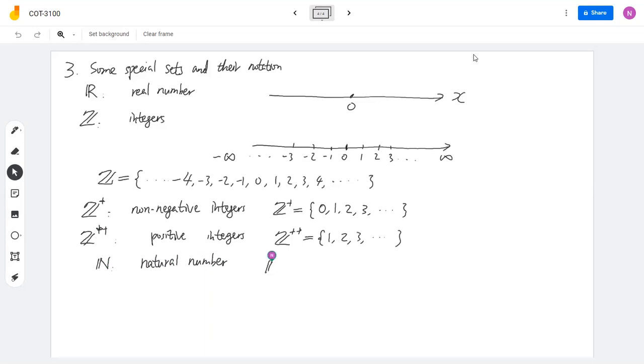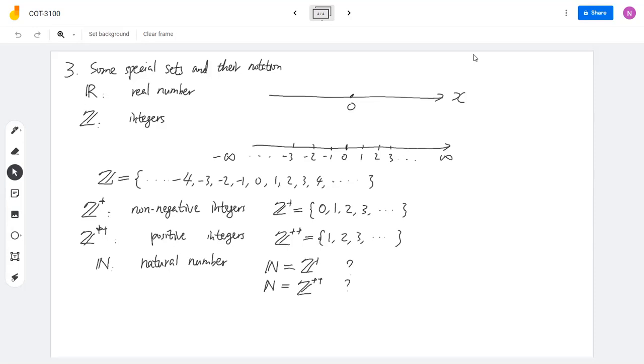Some others say that N is just equal to Z++. Okay, the only difference is whether you count 0 as a natural number or not. And so usually when you read a paper or a textbook, you should be careful which of the two notations the author is using. Both are okay, and both are used by many authors.